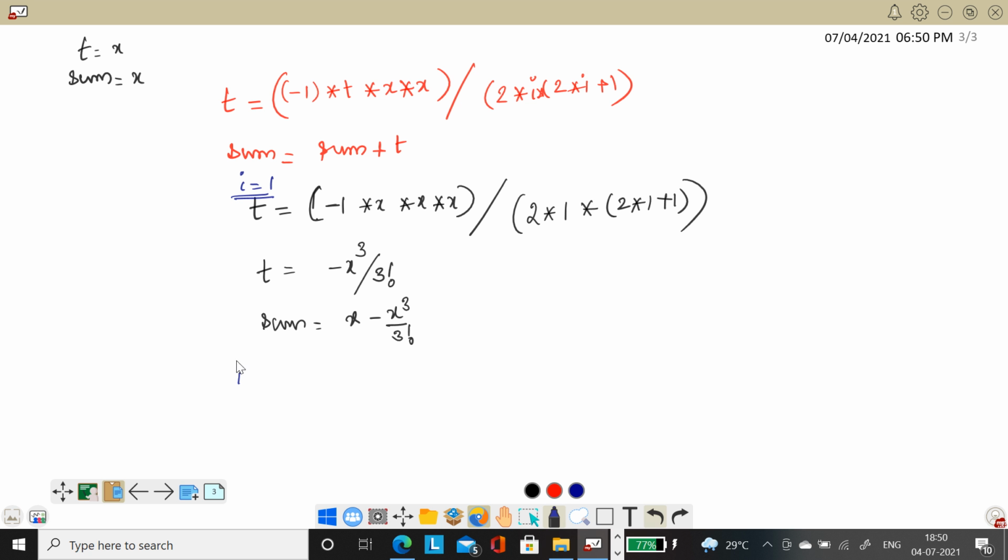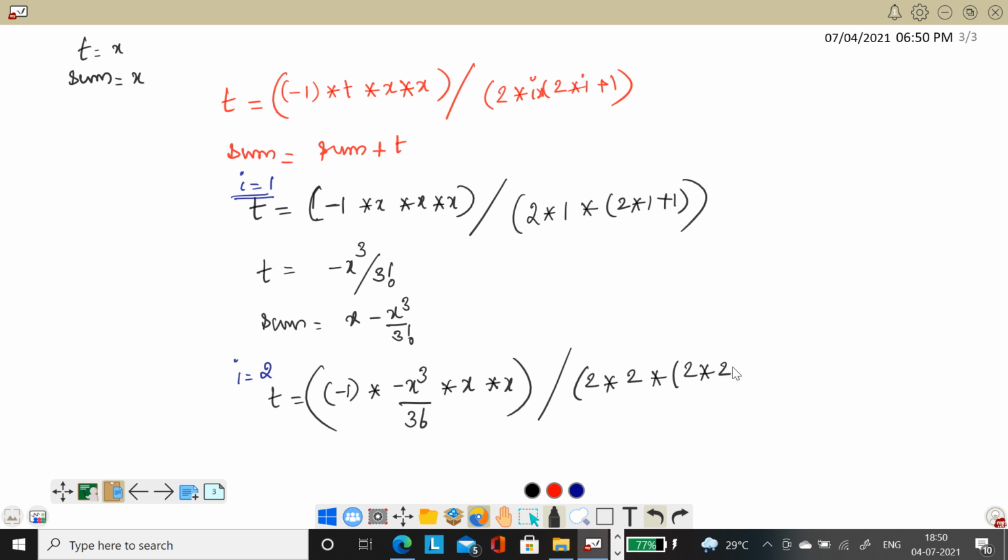Now I is equal to 2. Just observe how the values change here. t is equal to minus 1 into t, where t is minus x cube divided by 3 factorial, into x into x, I'm just substituting, divided by 2 into I into 2 into I plus 1.